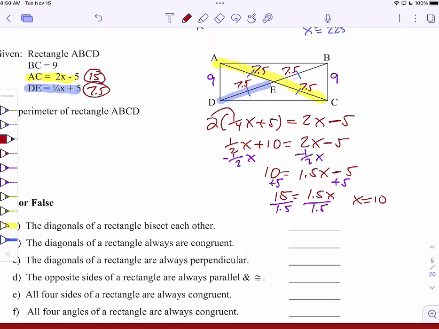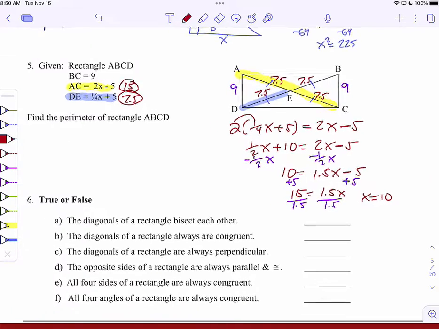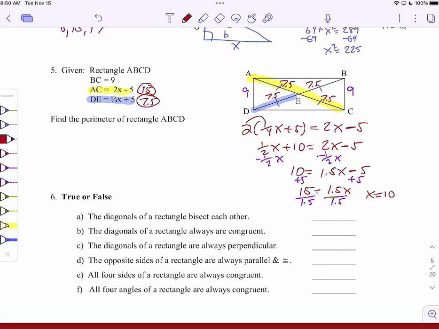Okay. It asks for the perimeter of the rectangle. Now, I don't have AB or DC. There's another Pythagorean theorem. So I'm going to take this and separate out a triangle that's a right triangle. And this is 9, and this is 15.